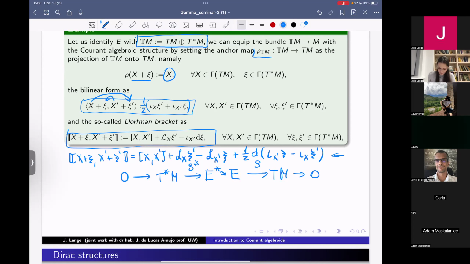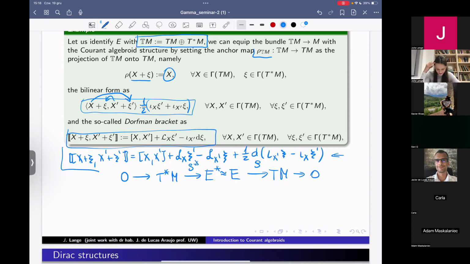However, whenever I happen to see this type of bracket, it is while defining what we will later proceed to, the Courant structures, the Dirac structures.